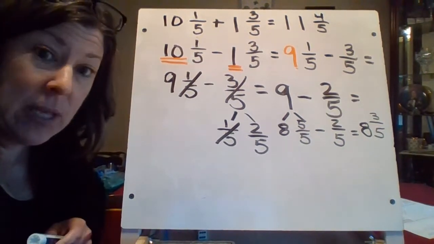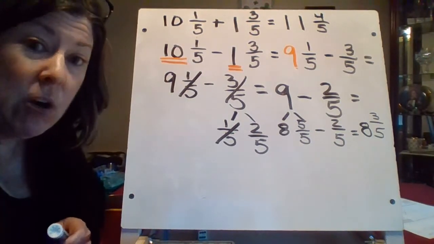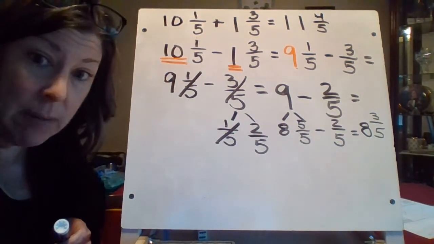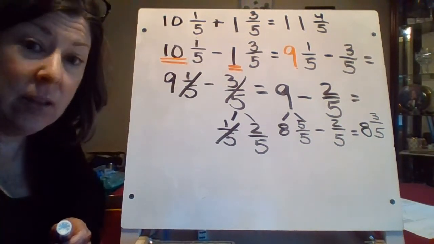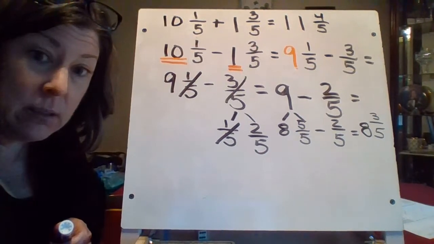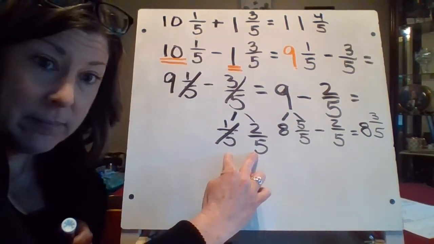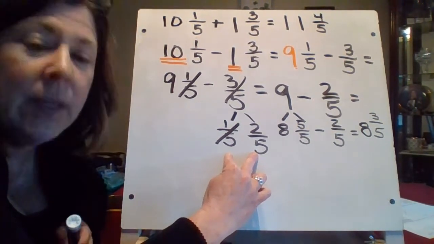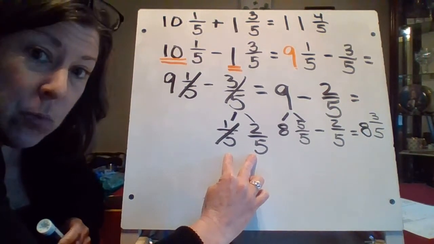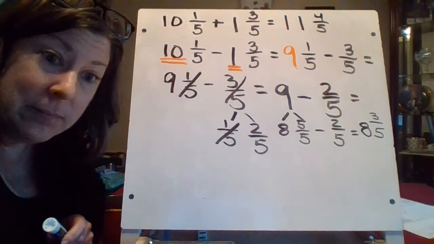You did that on the number line. The second strategy we used was first subtracting the whole numbers and then subtracting the fraction parts using decomposition of the fraction. The third one is coming up now.